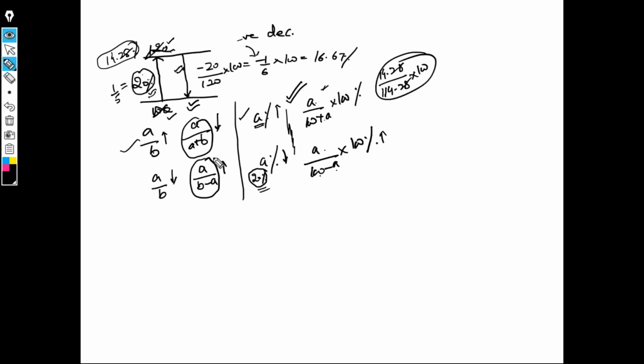It will be a difficult task to simplify this. Now it's better to convert the value to P by Q form. So an increase of 1 by 7 gives me a decrease of 1 by 8. Now it's easy to convert this value back to percentage, which is 12.5%. Is it clear, everyone?